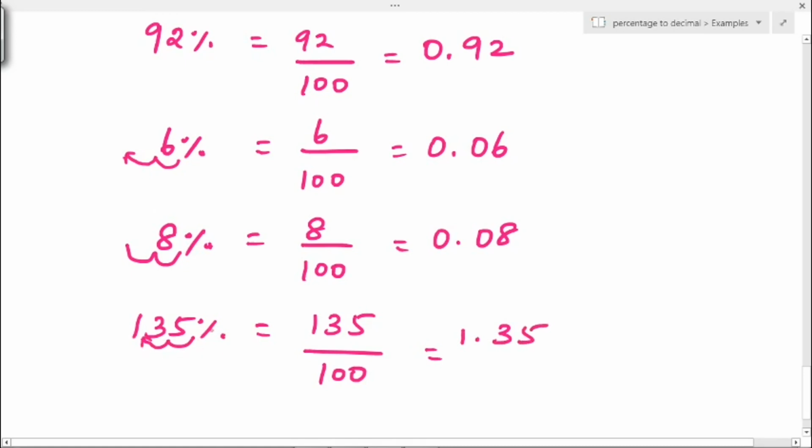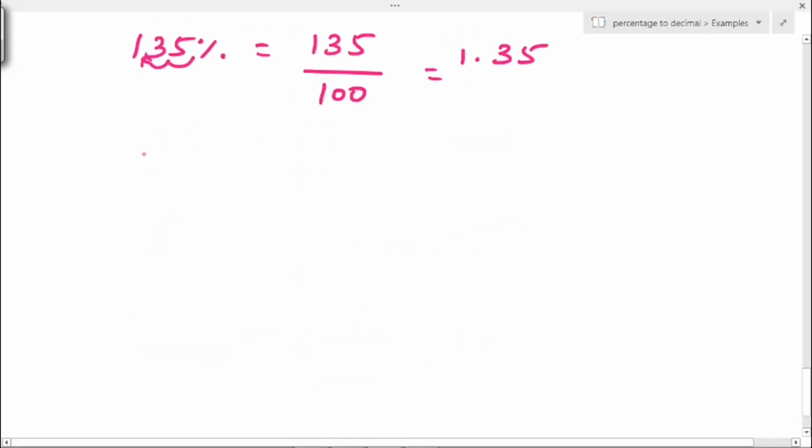So the decimal value of 135 percent is 1.35. Suppose we have 120 percent. That is 120 divided by 100. Again we start from here and move the decimal 2 places to the left. So 1, 2. We write this as 1.20.